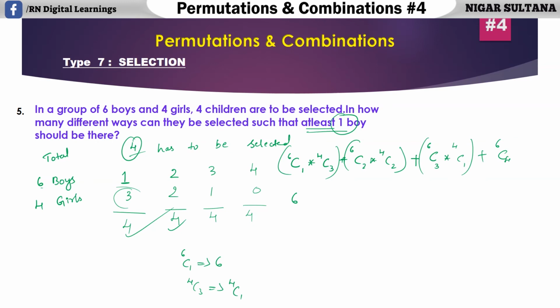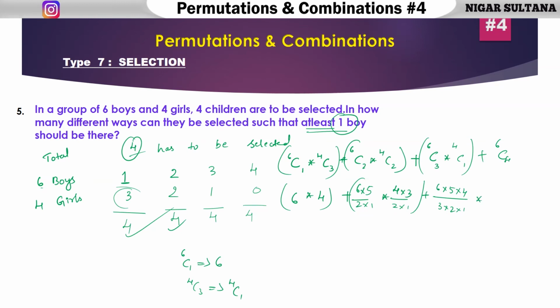Now 4C1 is nothing but 4, plus this is 6C2, which means 6 into 5 divided by 2 into 1, into 4, plus 6C3 can be written as 6 into 5 into 4 divided by 3 into 2 into 1, into 4C1, which can be written as 4 itself. Now this 6C4 can be written as 6C2, in the sense 6 into 5 divided by 2 into 1.